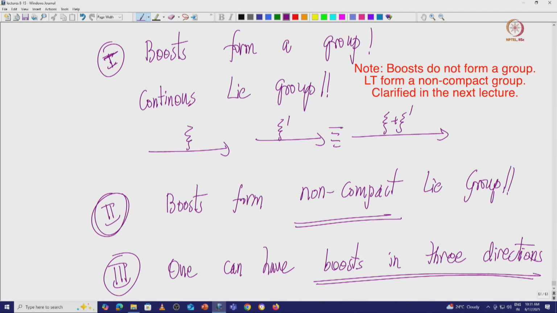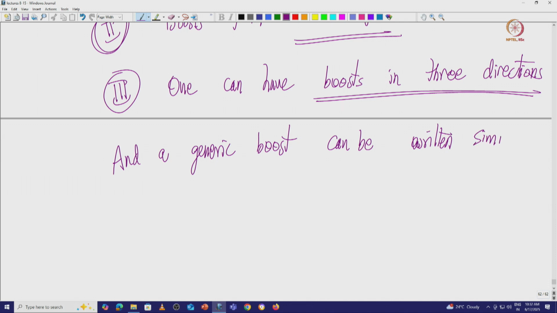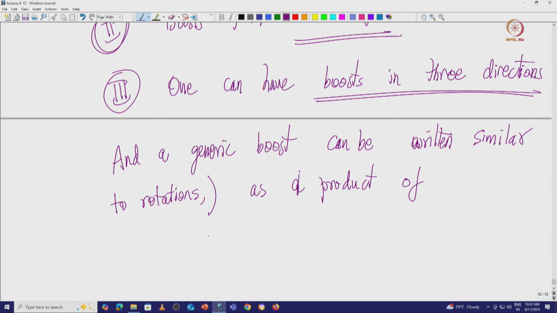And a generic boost can be written, similar to rotations, as a product of boosts in the xt, yt and zt directions.